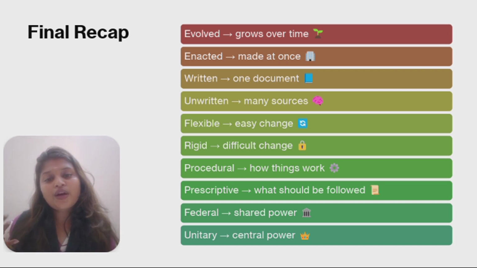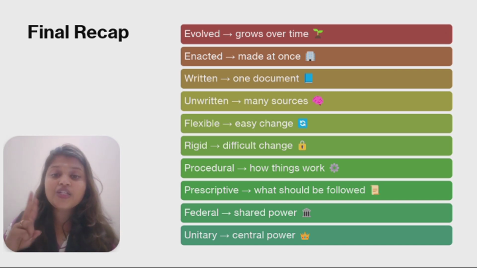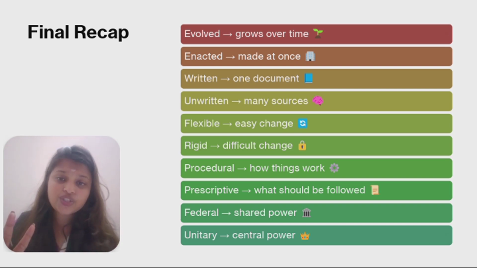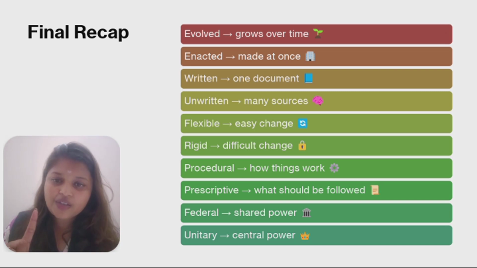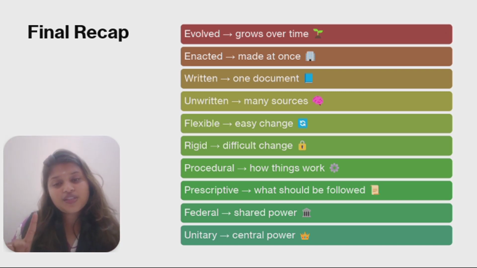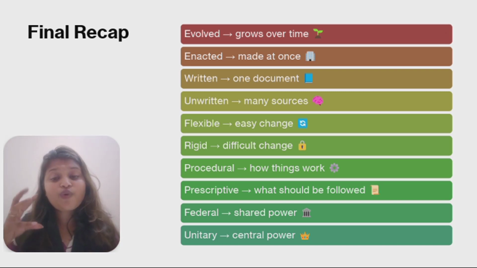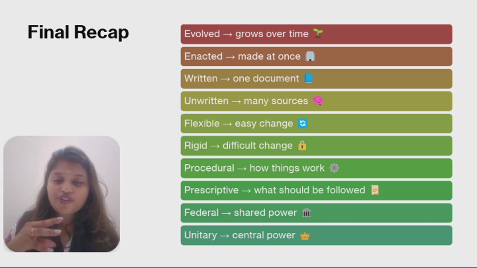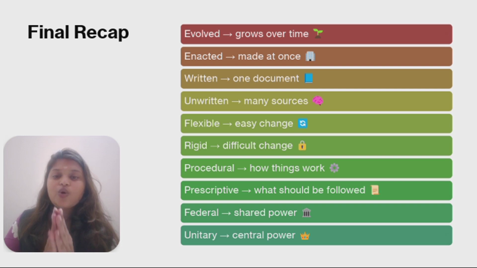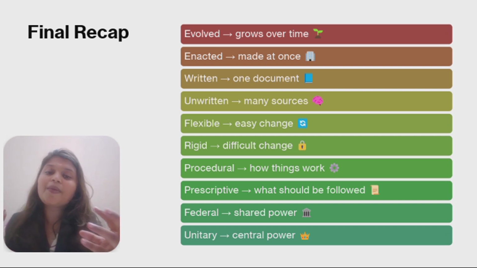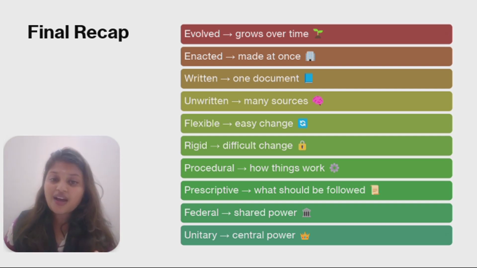Going on with the last and final two types of constitution, federal constitution and unitary constitution. What is federal constitution? Federal constitution is the constitution which focuses on the division of power between the central government and the state government, where it is made in such a way that the powers of the government are equally distributed between the union government and the state government. On the other hand, what is unitary constitution?